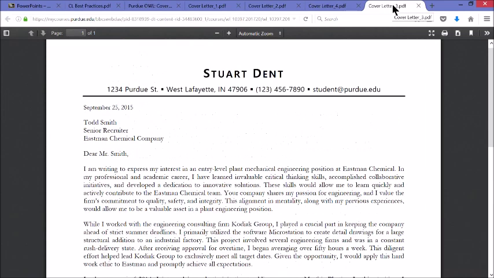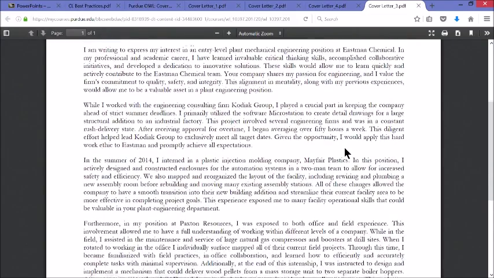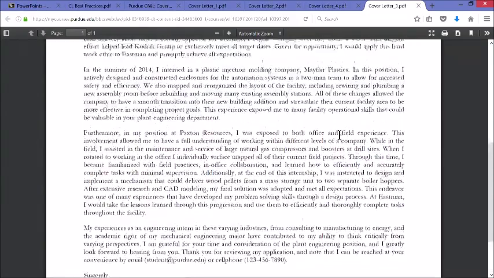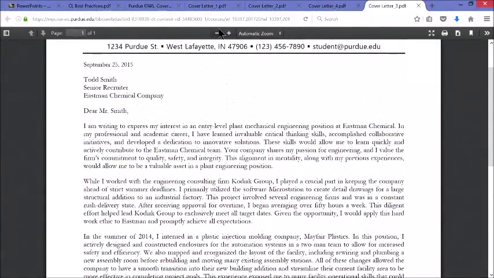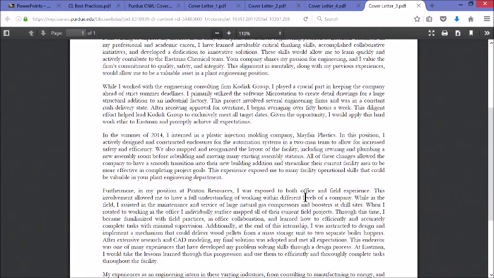The third is a good example of a qualifications-based cover letter. They have 3 major body paragraphs. They're applying for a job at Eastman Chemical, and what they want to show is that they've worked at similar companies doing similar kinds of work.